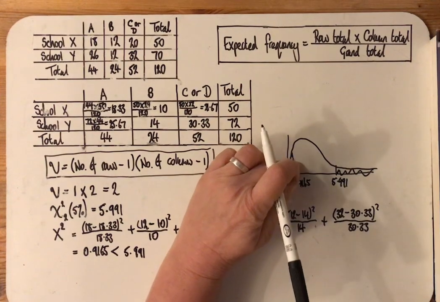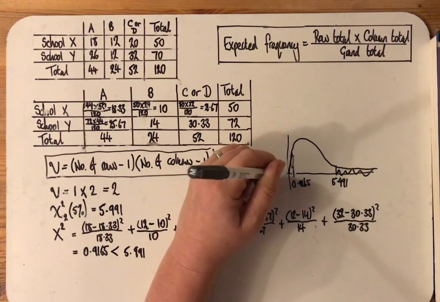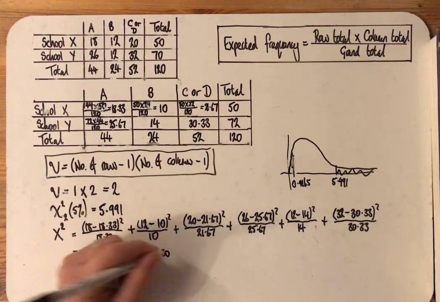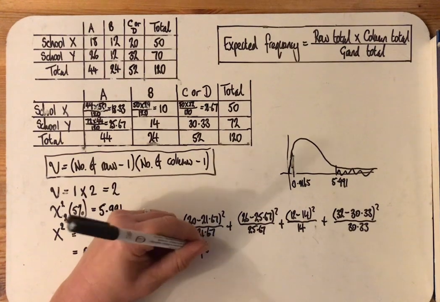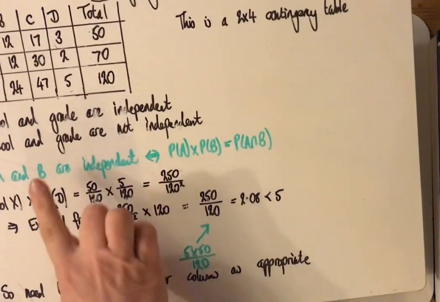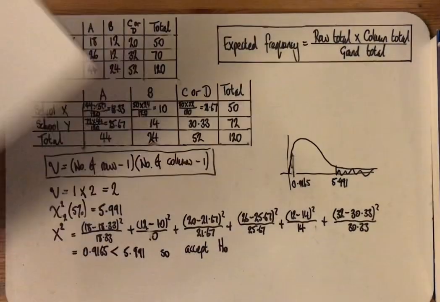So the observed is close to the expected, and so we can accept the null hypothesis. The null hypothesis is that the school and grade are independent, so the data is fitting that really well.